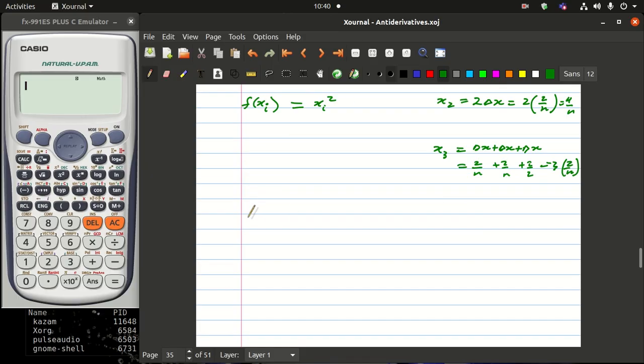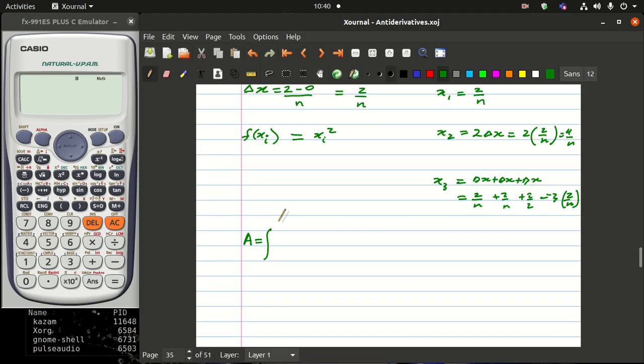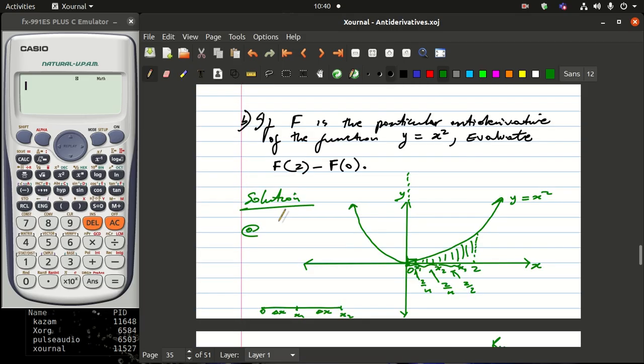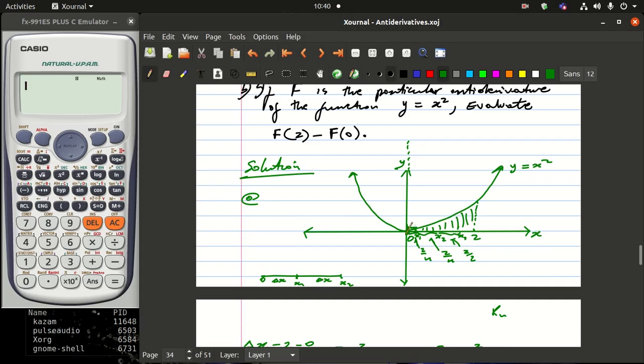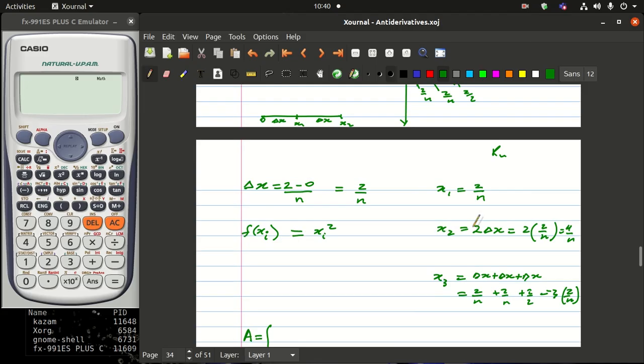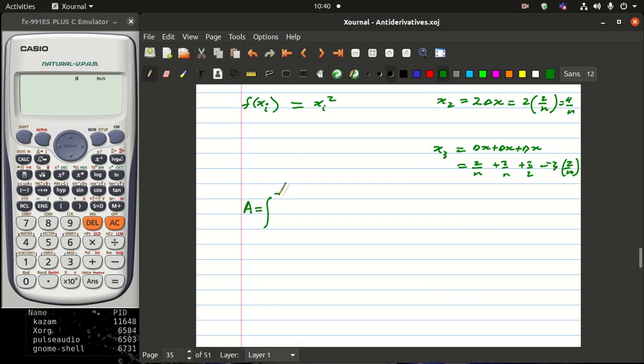Now, we know that our area, in most cases, we usually write it like this. This is the initial point, and that is the end point. So we are going to have a 2 there, and a 0 here, of f of x, and then this dx there. How do we end up evaluating this? Of course, we are looking for the net area.